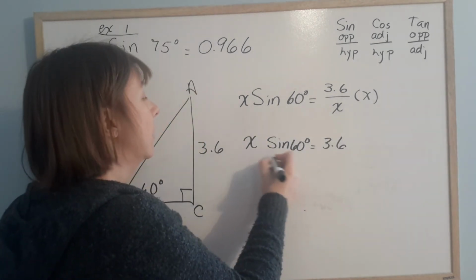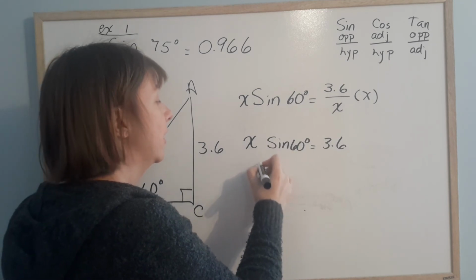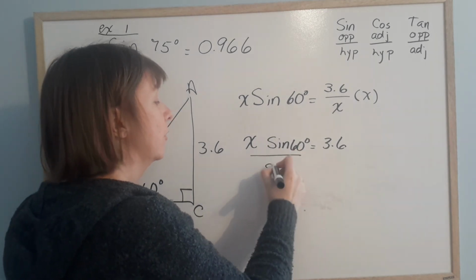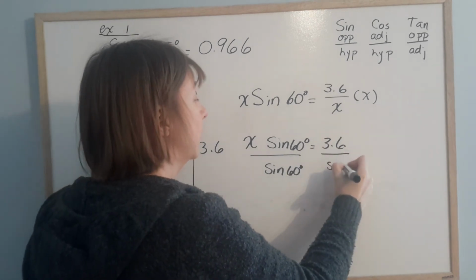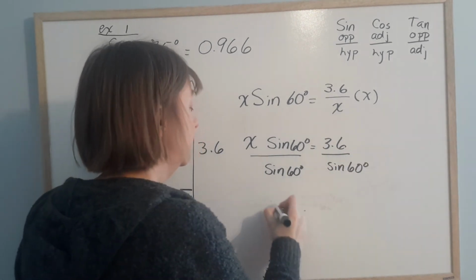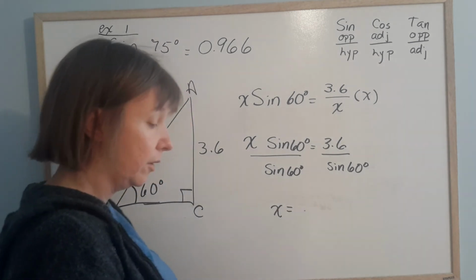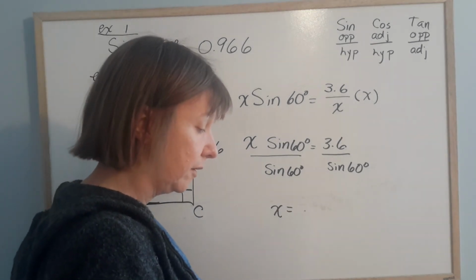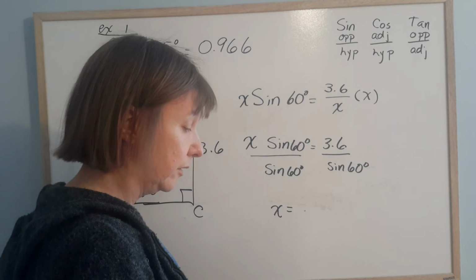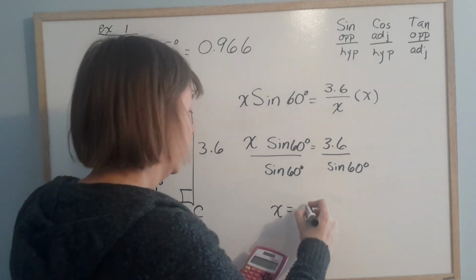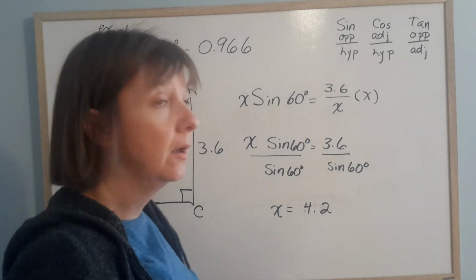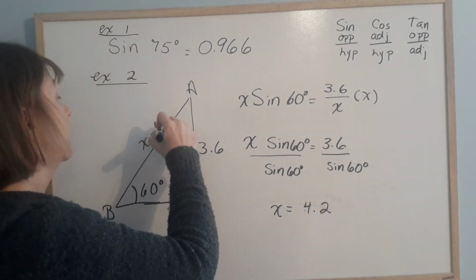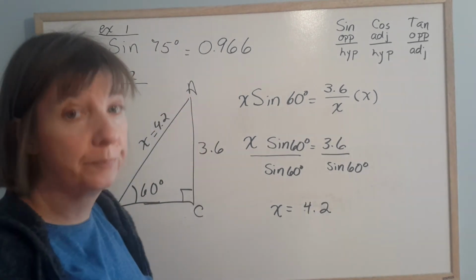Here, I want to get x by itself, so I'm going to divide both sides by sine of 60. If I put 3.6 divided by sine of 60 in my calculator, I get 4.2. So this side is 4.2.